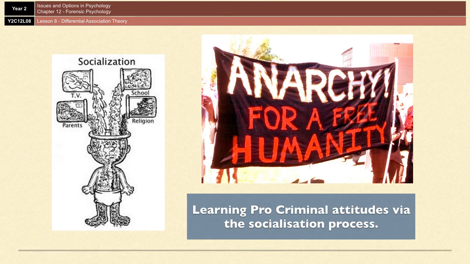So if the number of pro-criminal attitudes outweigh the number of anti-criminal attitudes, then it's reasonable to assume that offending will occur. So actually, Sutherland was saying that we can predict how likely it is that offending will occur if we know the frequency and the intensity and the duration of the exposure to a certain attitude or to a certain set of attitudes.